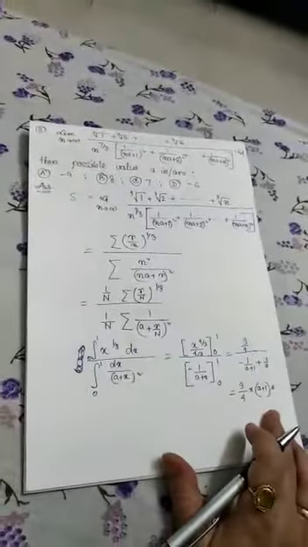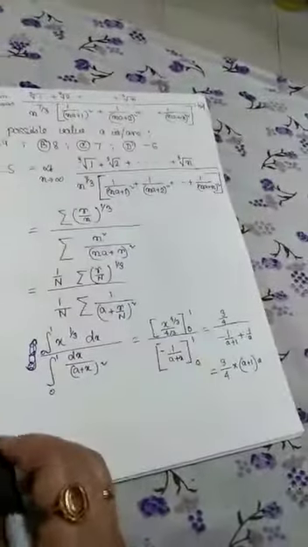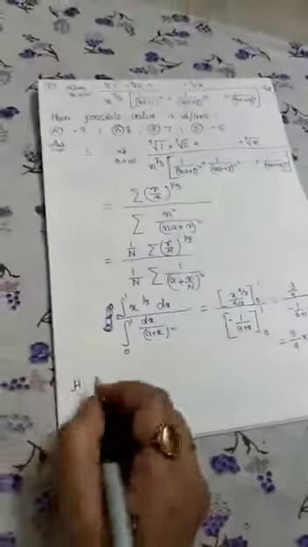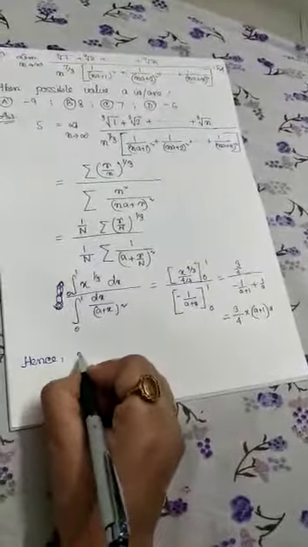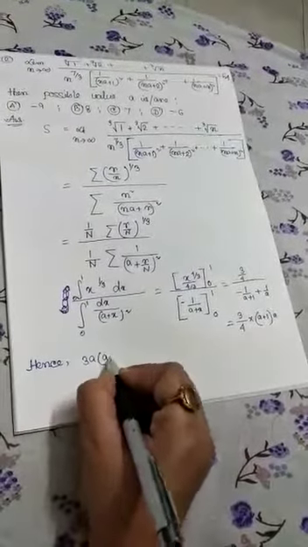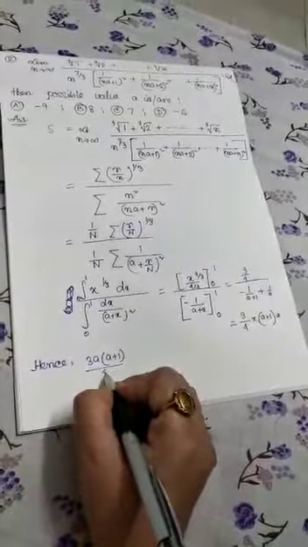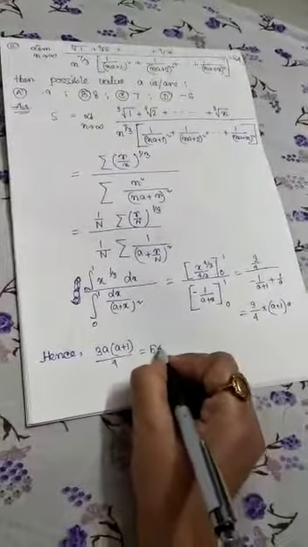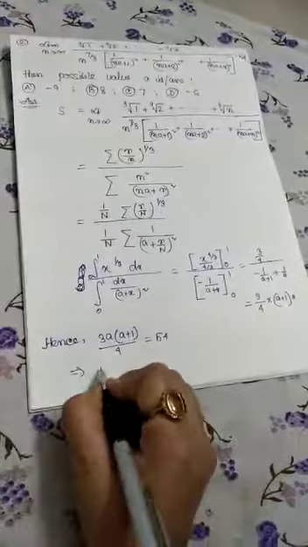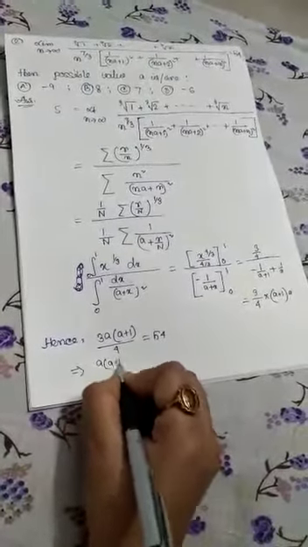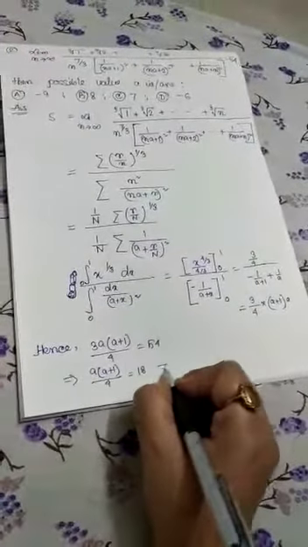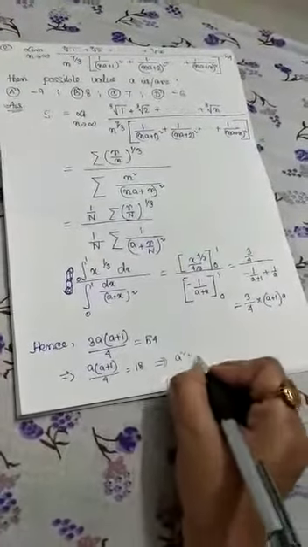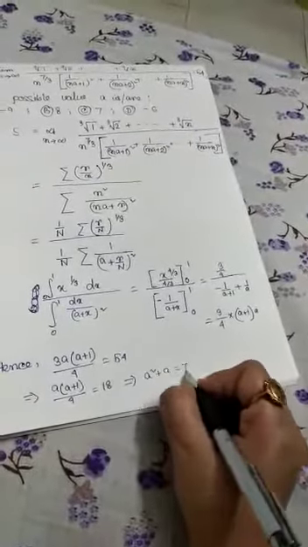This one is equal to 54. Hence 3 into a into (a plus 1) divided by 4 is equal to 54. That implies a into (a plus 1) divided by 4 is equal to 18, which implies a square plus a equals 72.